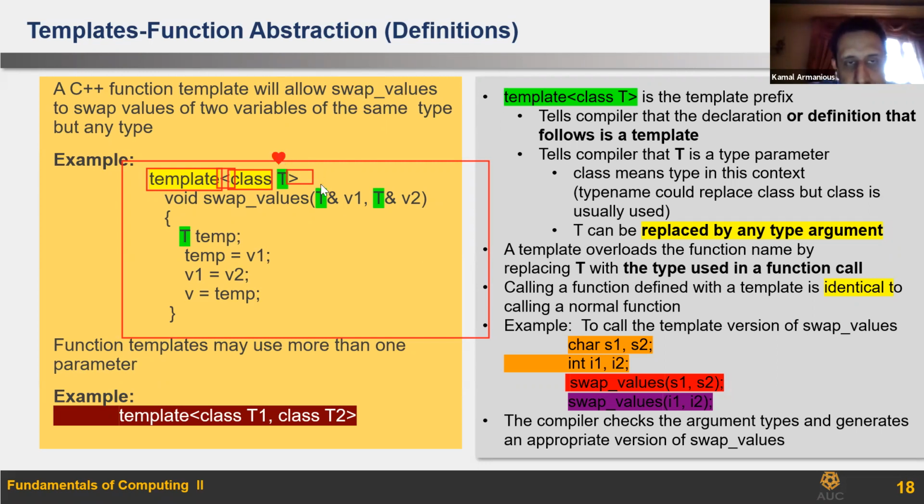So we have t here, we have t here, and we have t here. And t means that it belongs to a certain class for this statement. So this function belongs to a certain class.